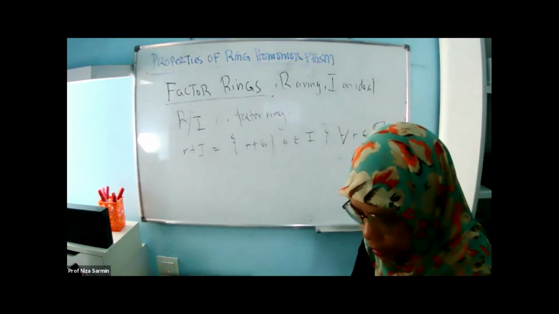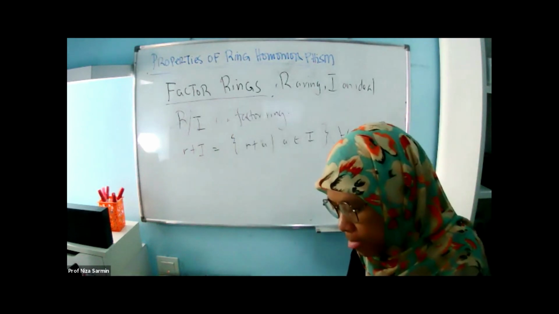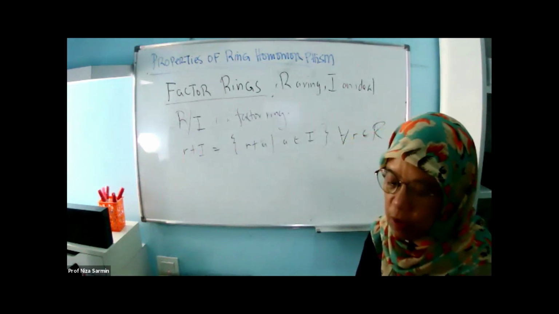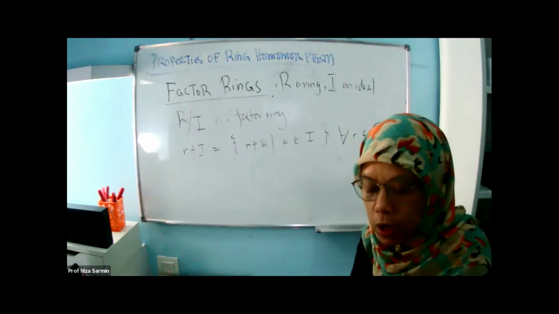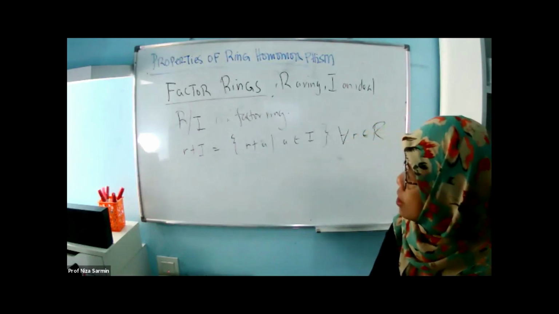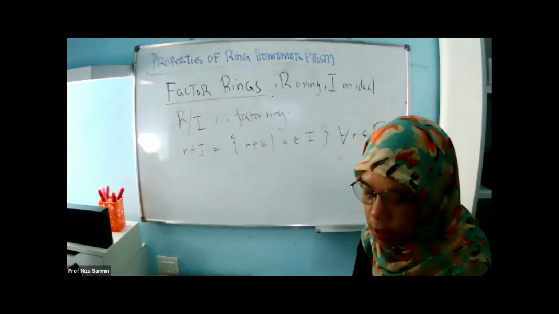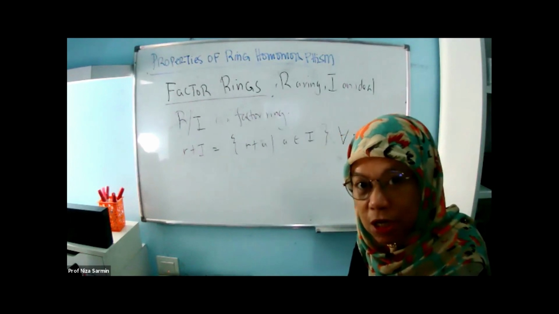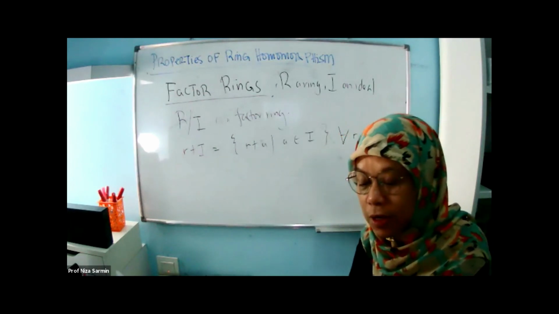All right. Now, look at theorem 9.4. We have psi from R to R prime, a ring homomorphism. We have the kernel H. You know kernel, just now I mentioned kernel is always an ideal, right?